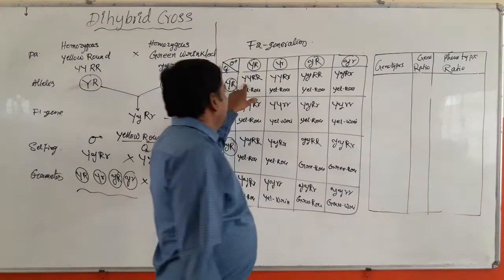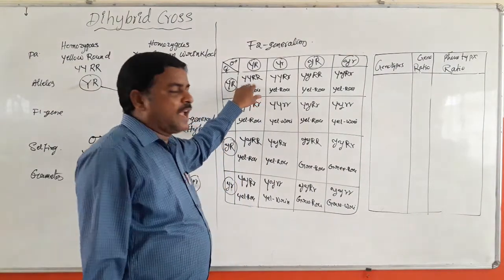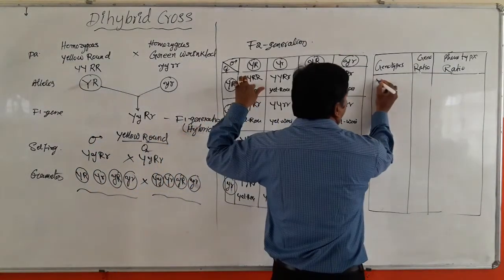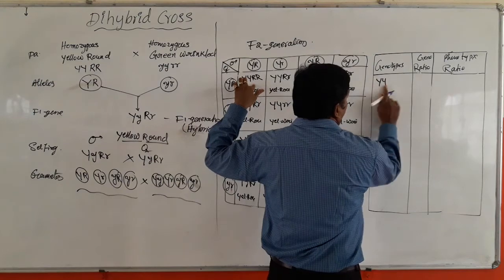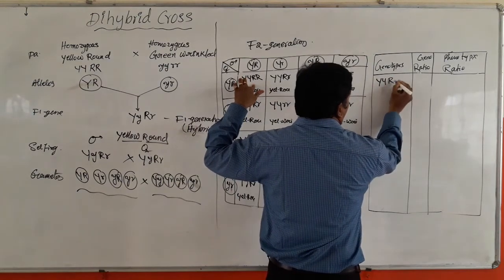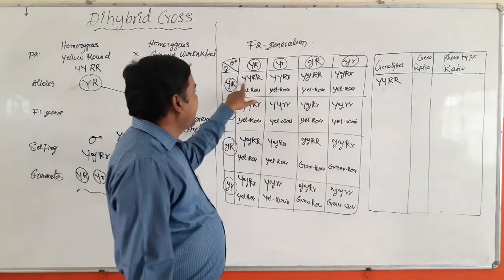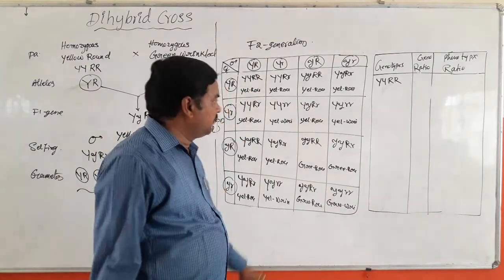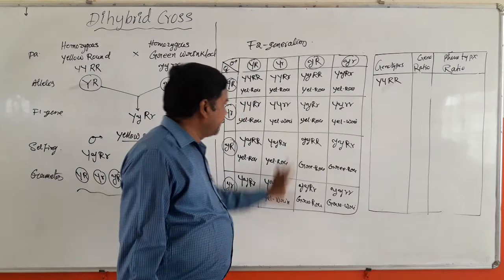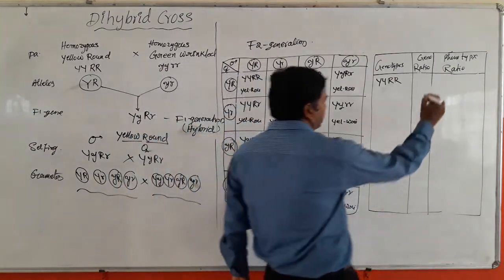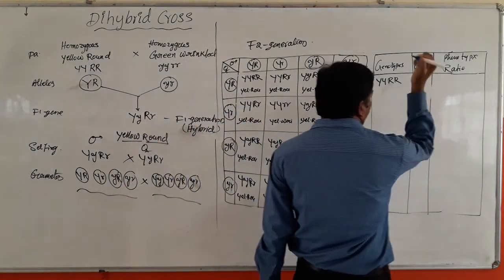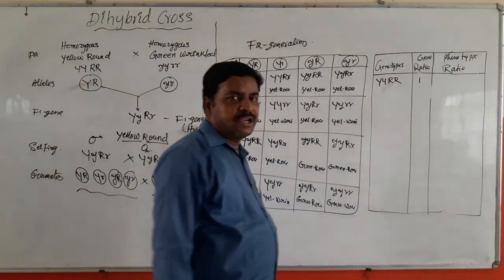Now capital Y, capital R. How many capital Y and capital R alleles are there in this table? Only one is there. Okay?